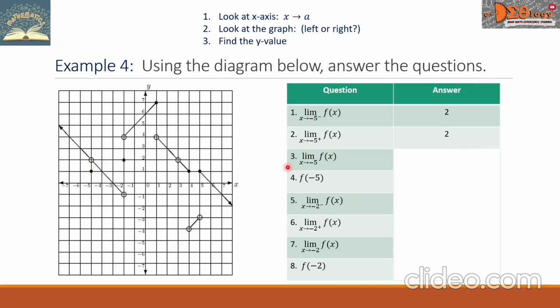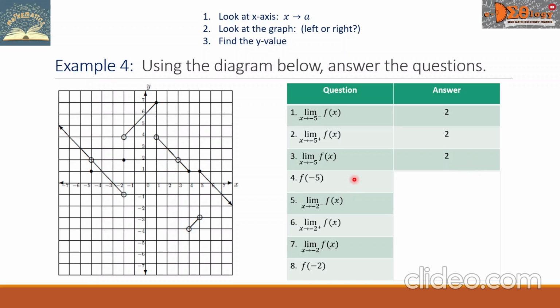Then number 3, two-sided limit. The limit of f of x as x approaches negative 5. In this case, we compare the values of the left-hand limit and the right-hand limit. We can see that they are equal. This is the same value for the two-sided limit. So we write here 2.